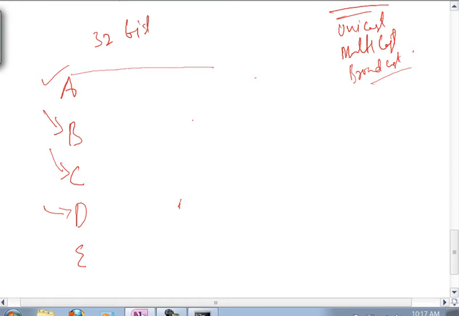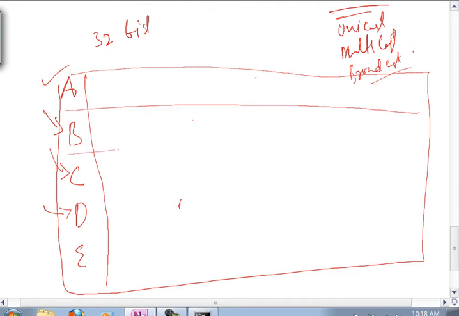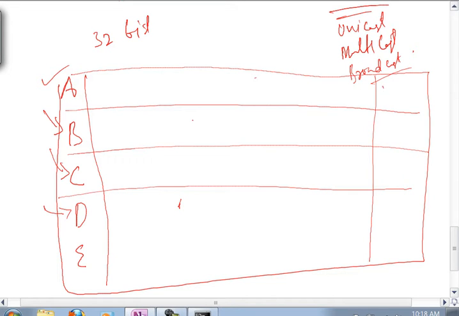If we see here, I have to make a table out of this, because we have to say a lot of things about it. This one is for unicast.